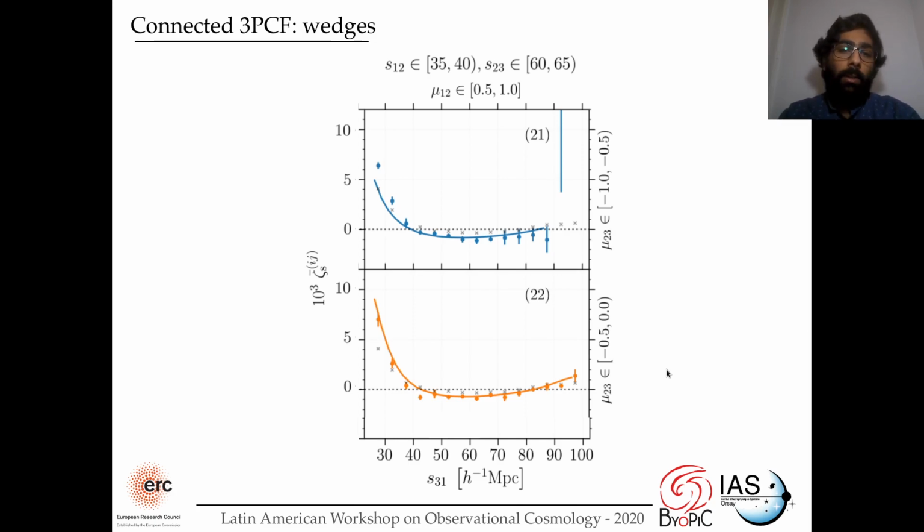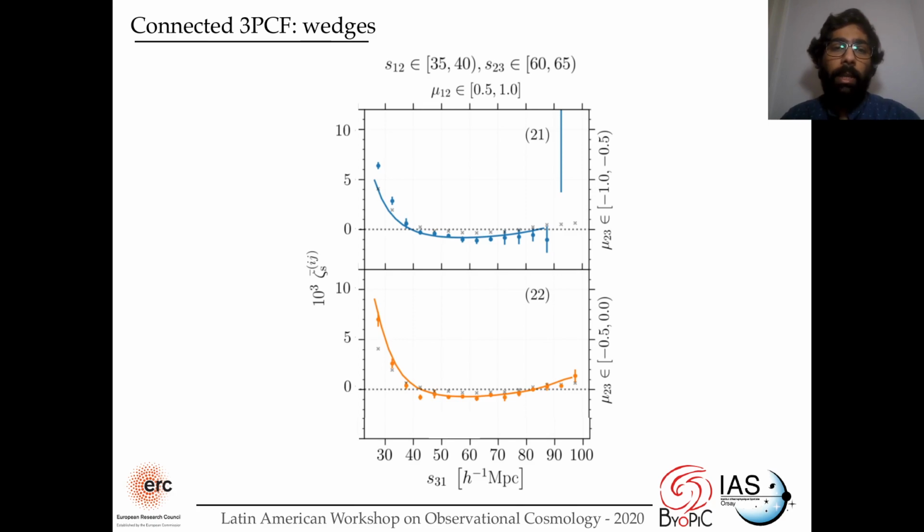The rows correspond to different angles between the side 2, 3 and the line of sight, where the solid lines represent the prediction coming from the 3-point Gaussian streaming model, and the colored symbols, blue and orange in the top and bottom row respectively, are the measurements directly from the simulations.